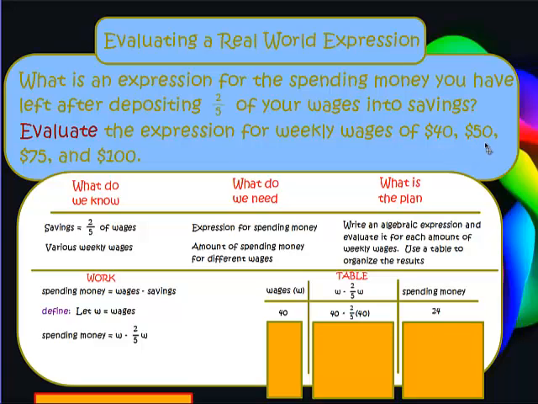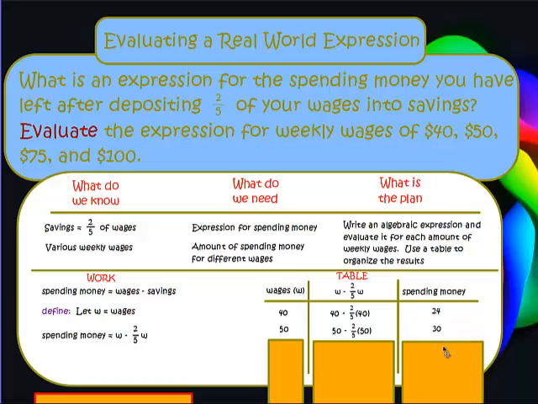Likewise, I'm going to use the same method for $50, $75, and $100. At $50, my expression would look like this: 50 minus 2/5 times 50. And that works out to be $30. At $75, I would have 75 minus 2/5 times 75.